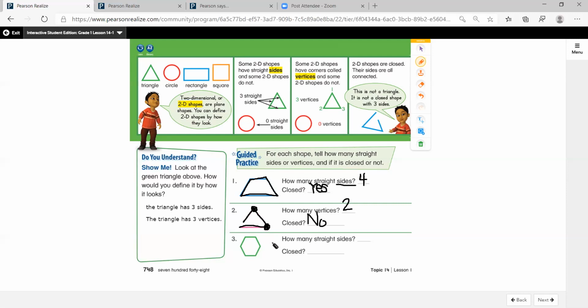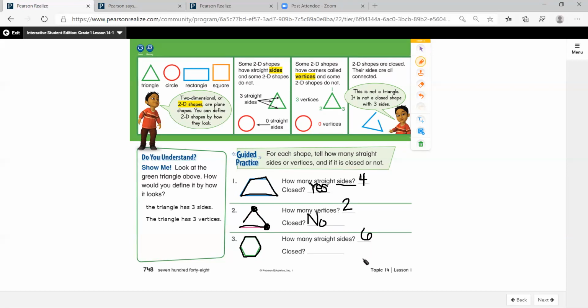Number 3, how many straight sides on this green hexagon? Let's count them together. 1, 2, 3, 4, 5, 6. The hexagon has 6 sides.